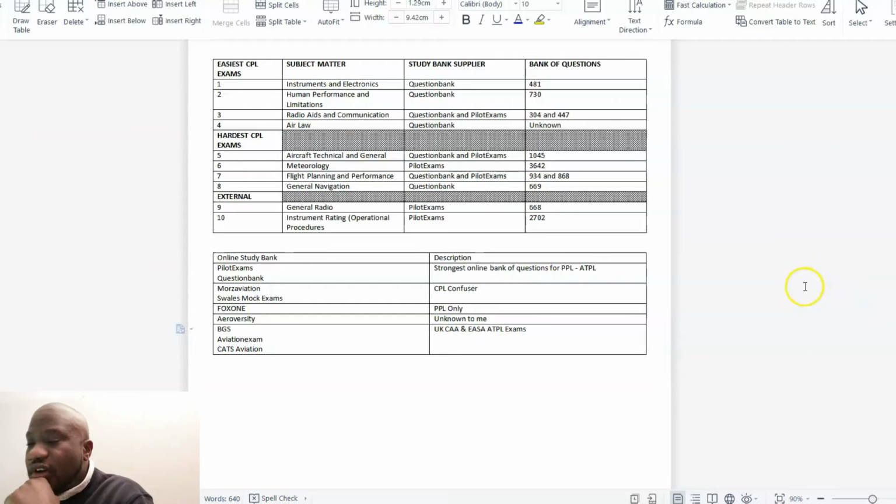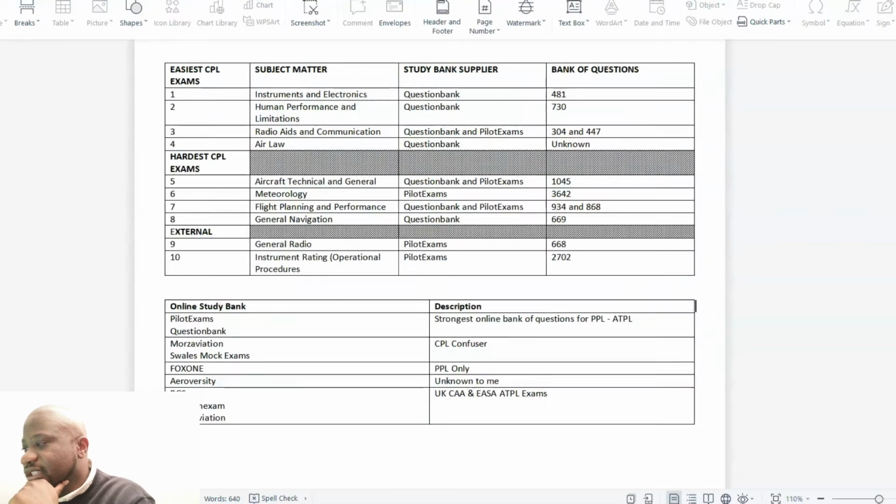Okay, so now that we have talked about the strategy that I used to pass the exams, now we have to look at the online banks of questions that are available to us, right? Just looking here, starting off with this.